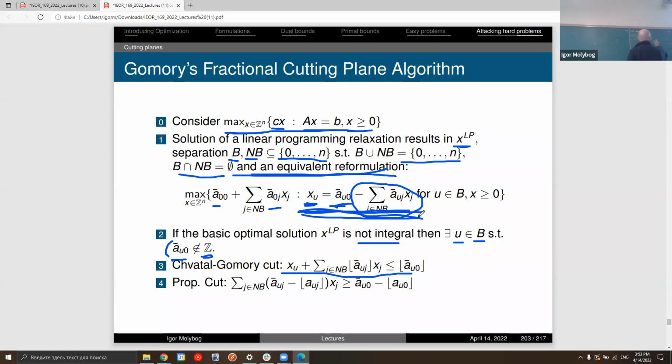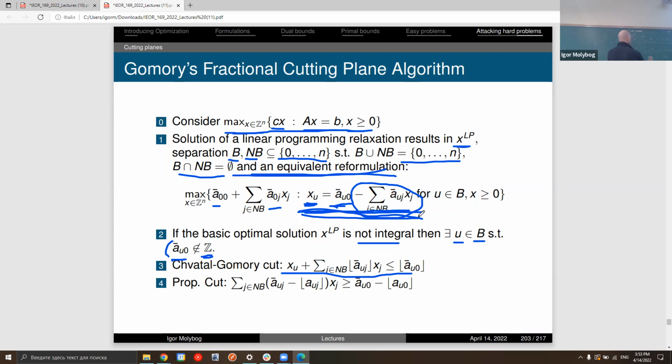If we round down these numbers over here, we will get xu plus the summation over j in N of the flooring of a bar uj times xj less than or equal to a bar u0, just because xj is greater than or equal to 0. From this equation, we get to this inequality because we have reduced this part.